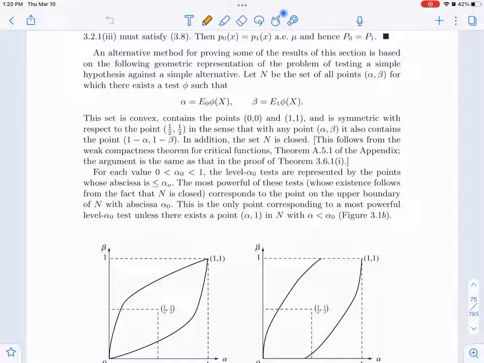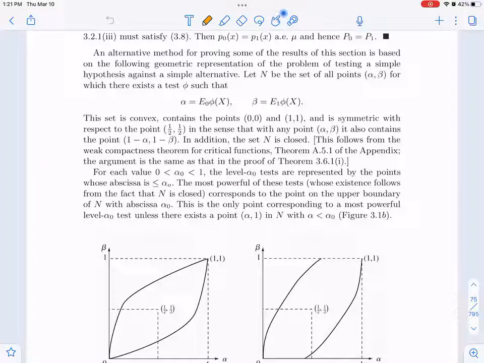As I vary phi, I trace these points in the alpha beta plane. Usually this has a threshold parameter that I vary, and you'd get something like that.